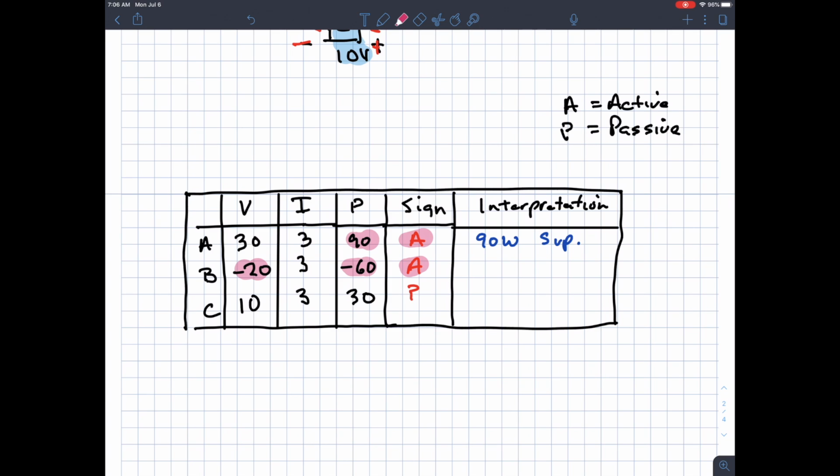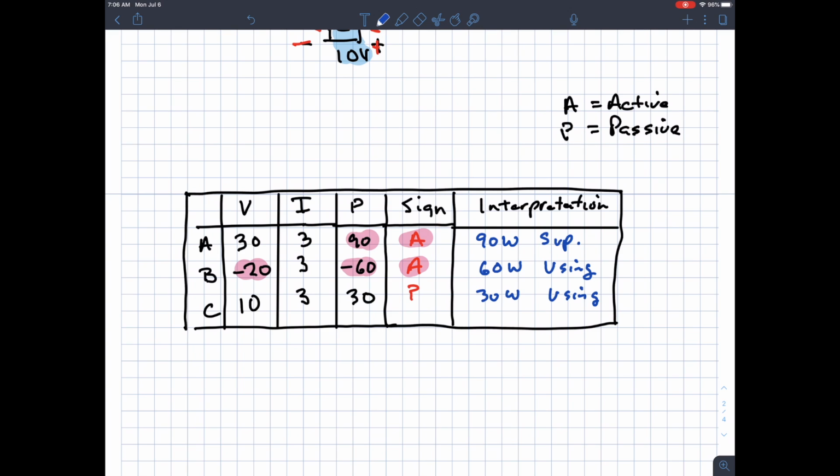If it had been a positive number, it would have been supplying power to the circuit. Because it's a negative number, that flips our interpretation, and so we would say this is 60 watts using. And finally the last one, positive 30, passive sign convention, is 30 watts using.